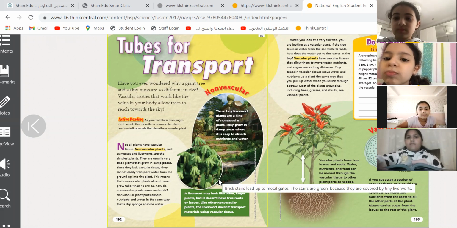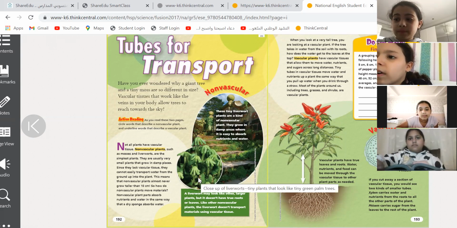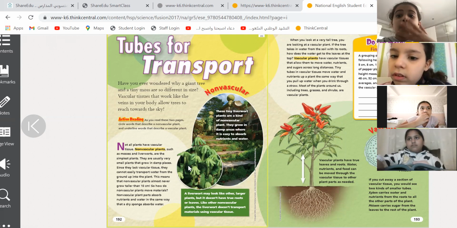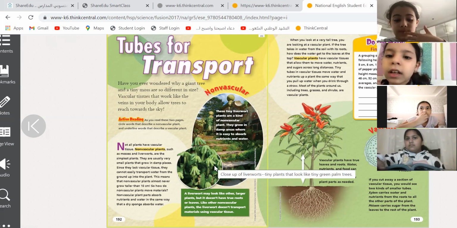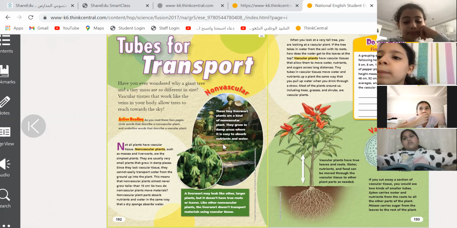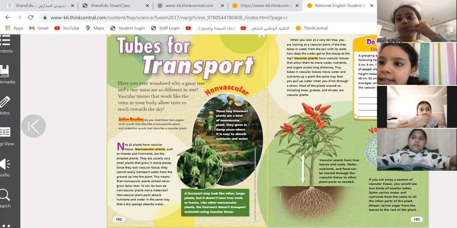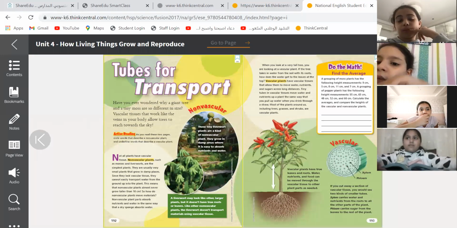Miss, it doesn't have true roots or leaves, so it may look like... Yes, Tala? When plants are without seeds and they grow on the ground, how do they get water?